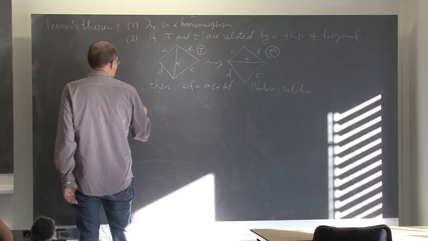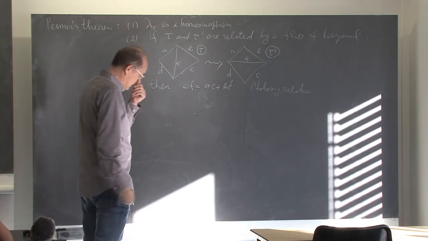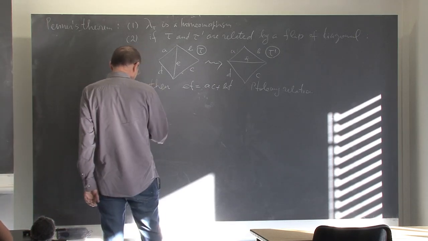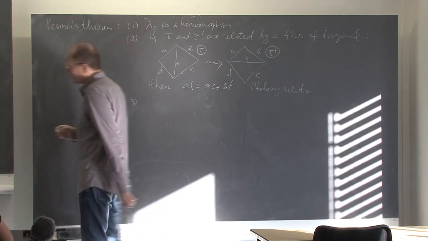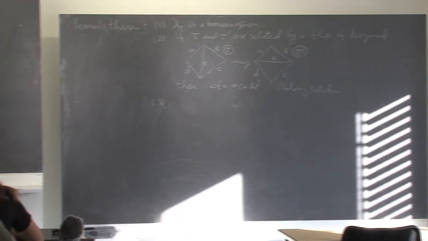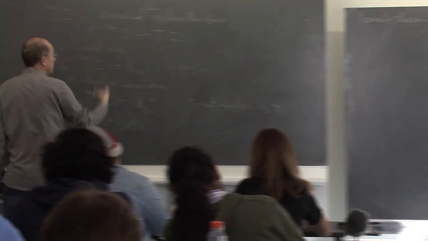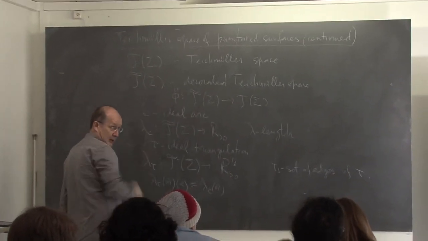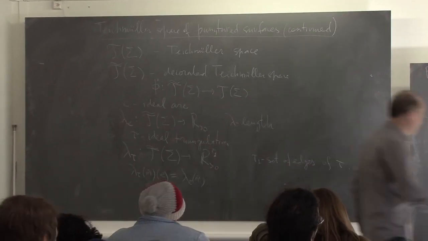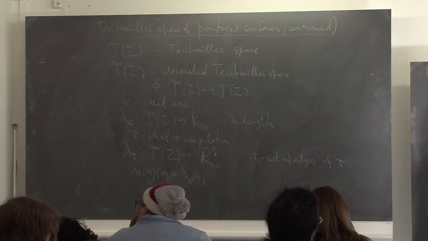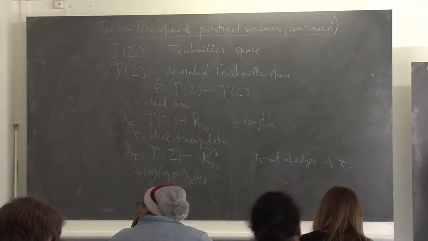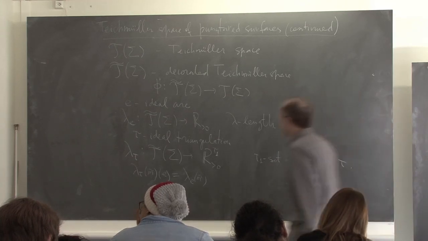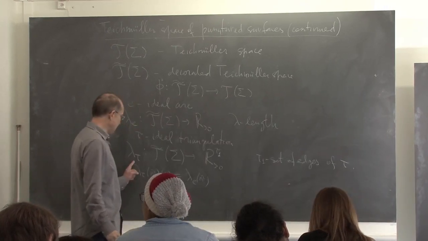And third, we identified the image of the Weil-Petersson symplectic form. The Weil-Petersson form lives here, so we first pull it back by phi. Then we have a homeomorphism lambda tau.